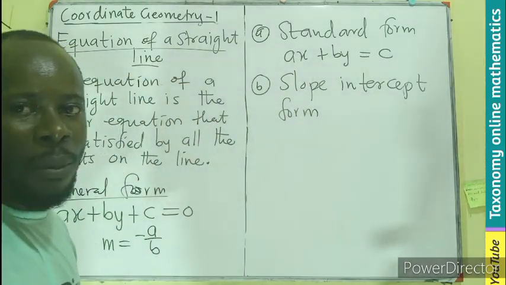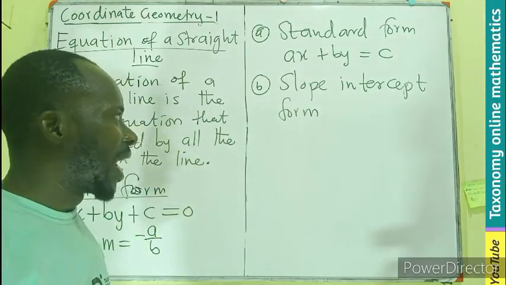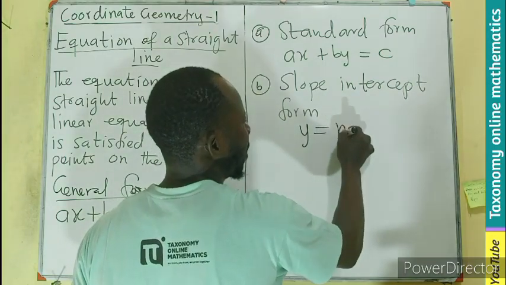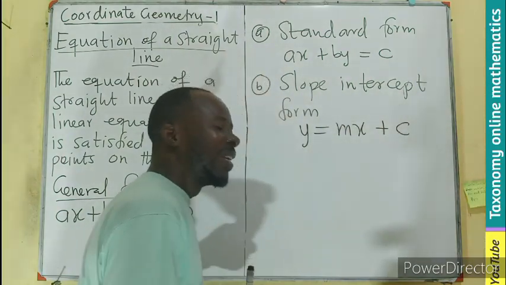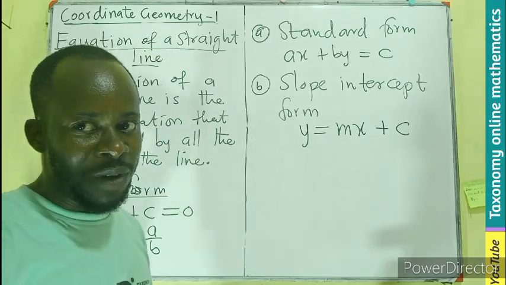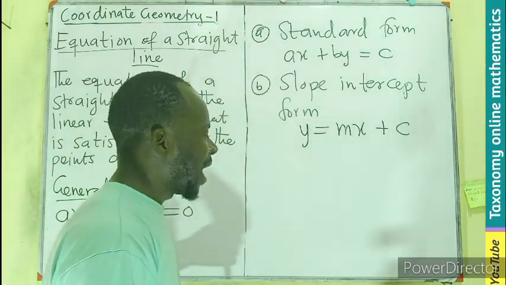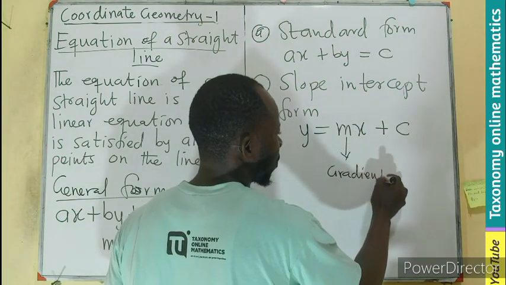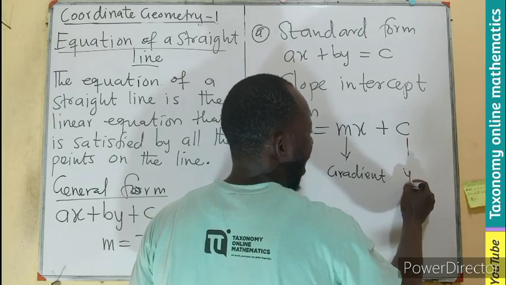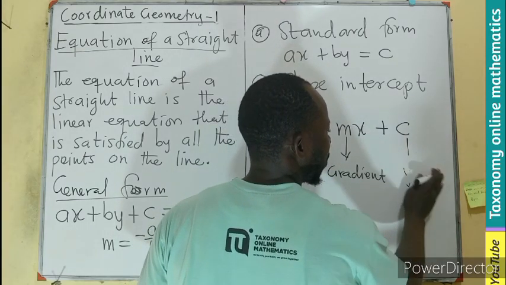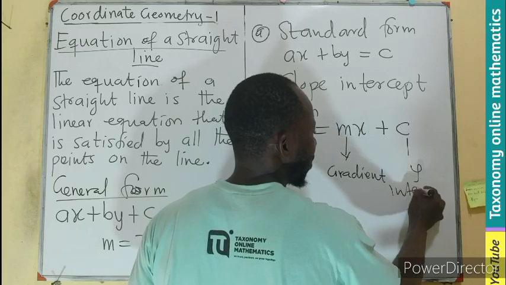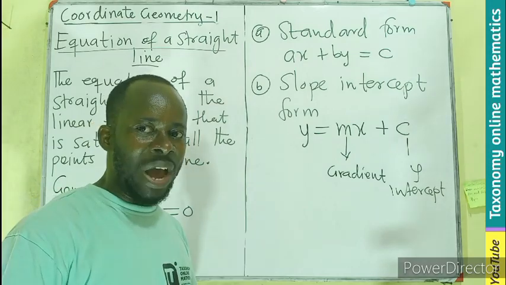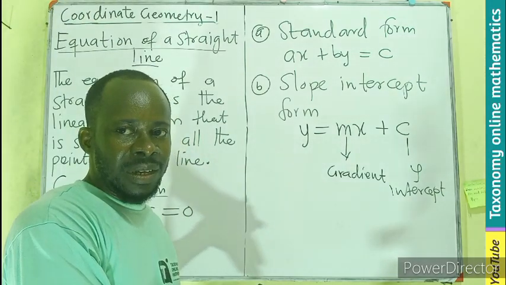We can also have the second one as the slope-intercept form. If we say the equation of a straight line is in the slope-intercept form, we are having y = mx + c. This is the most common equation of a straight line that we know, where m is the gradient, then c is the y-intercept, the point on the y axis where the straight line cuts the y axis.